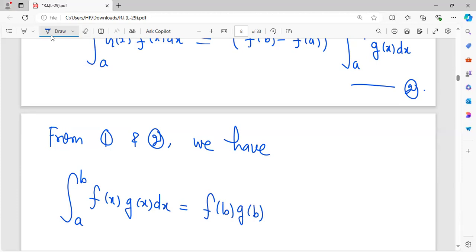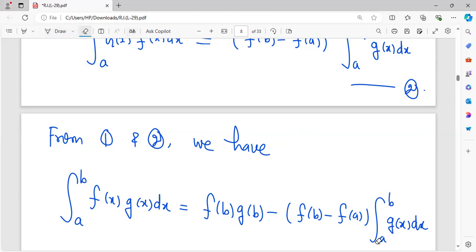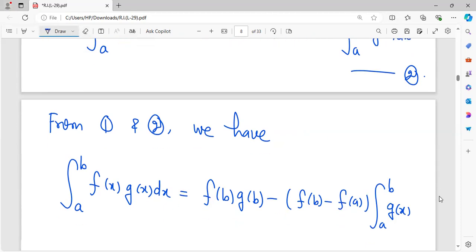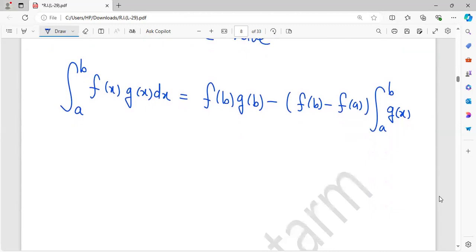And now this is f b minus f a integral a to xi g x dx.